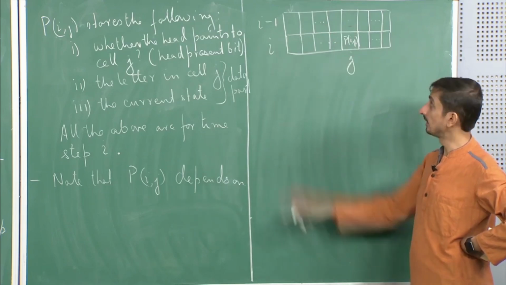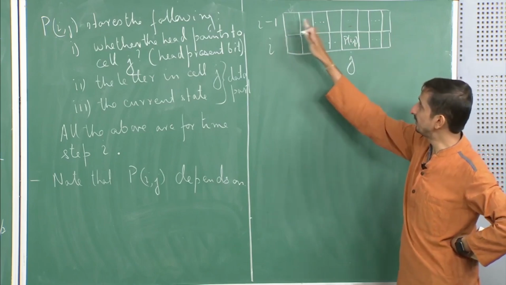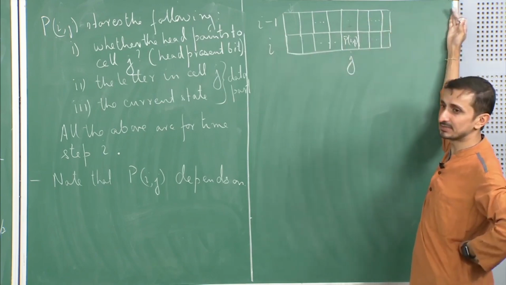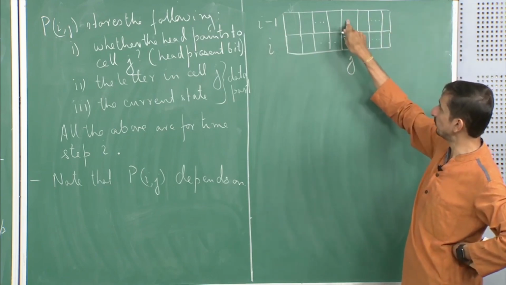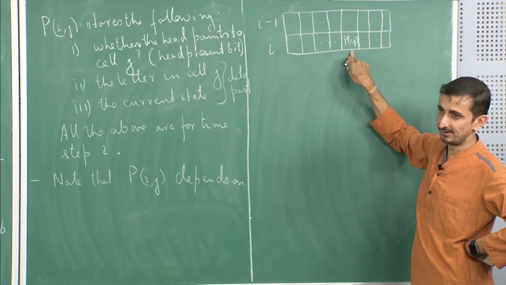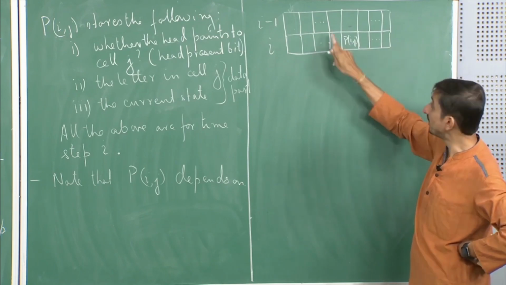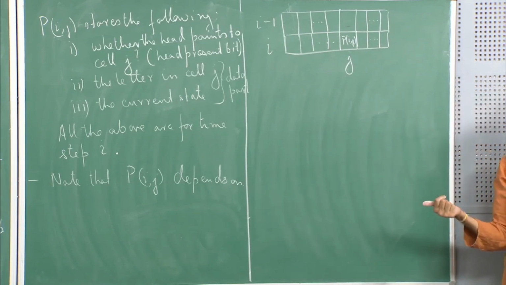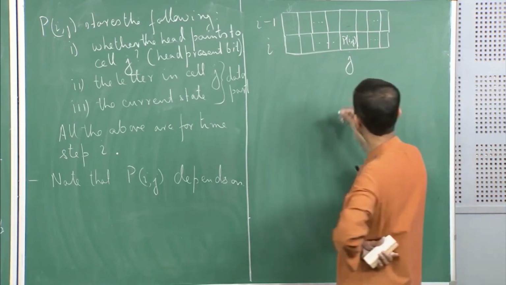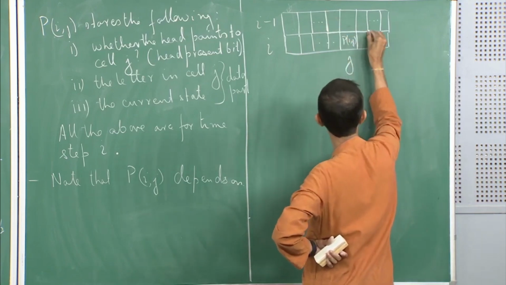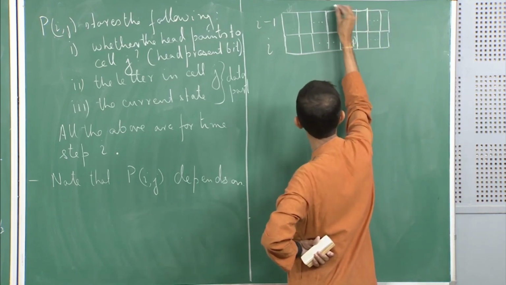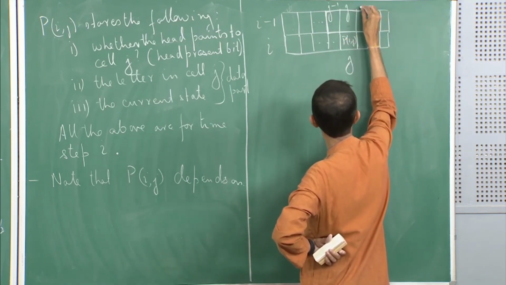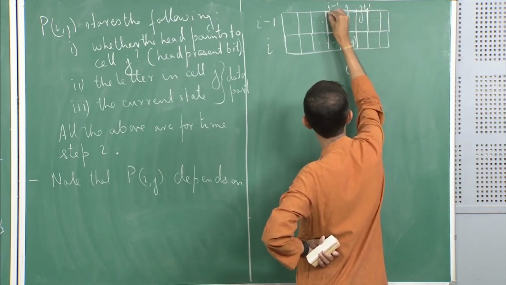If it is actually something which is, let us say, beyond j minus 1 or after j plus 1, then it cannot affect this, and whatever was here, the same thing gets copied over here. So only the neighboring cells will decide whether the value changes or not, whether that character changes or not. So basically it will depend on just these 3 cells, that is j minus 1th cell, jth cell, and j plus 1th cell.